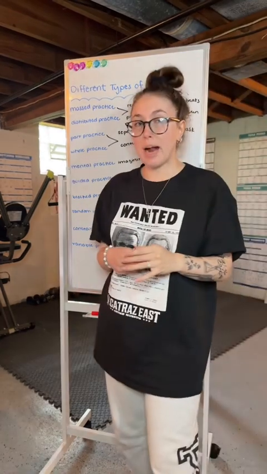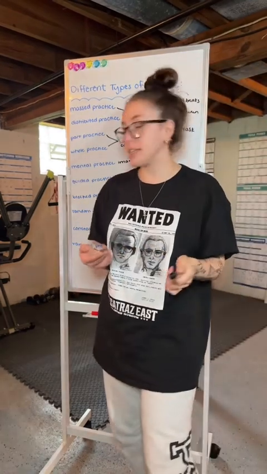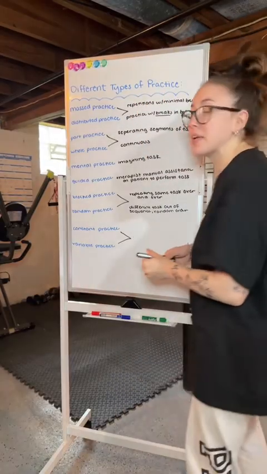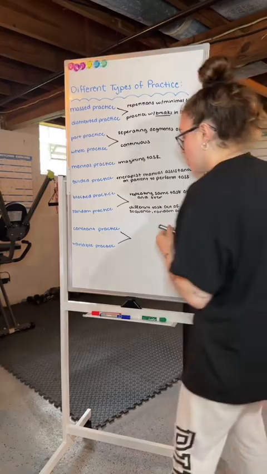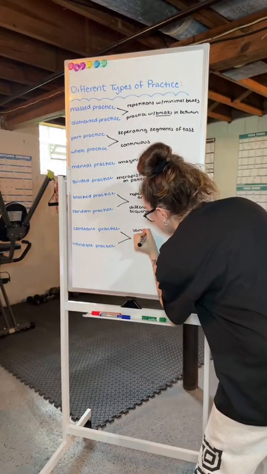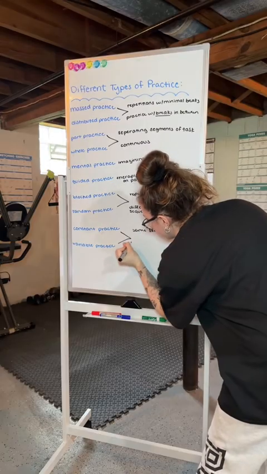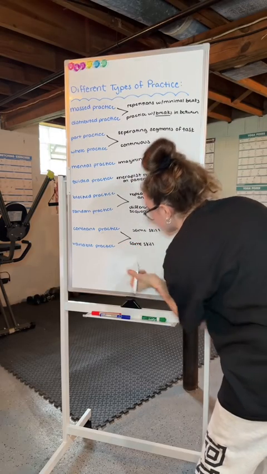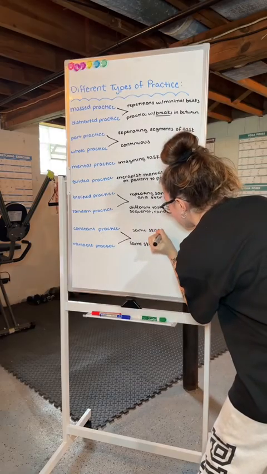The last types of practice we're going to talk about is constant practice versus variable practice. Now, for these types, we're going to be performing the same skill in each. So, when we're performing the same skill, the difference is our parameters. So same skill, same parameters.